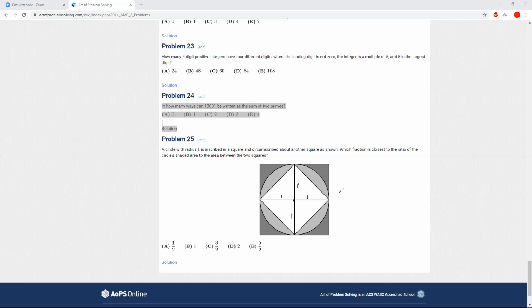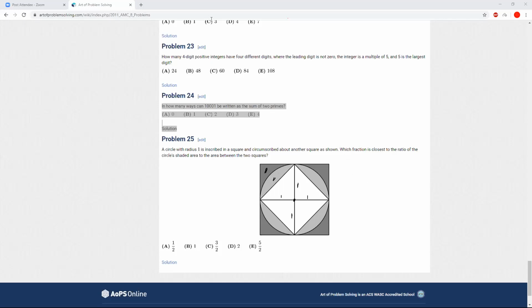So what we're going to do is find the area. The question wants us to find shaded divided by, we'll call this area the darker region and this one the lighter region, I guess. Let me see if I can erase this.